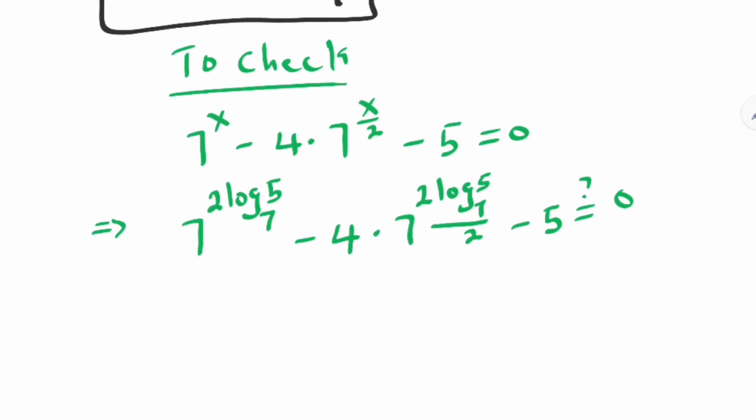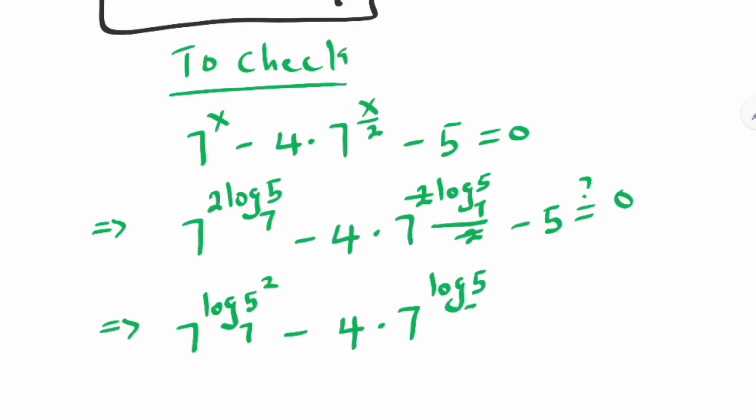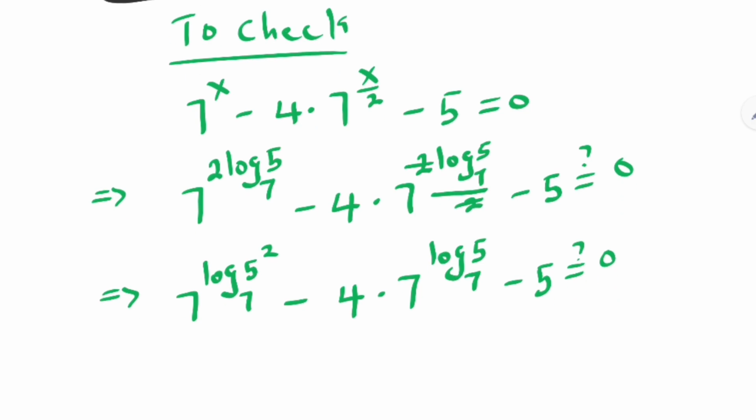So here, this is the same thing as 7 raised to power log 5 square base 7 minus 4 multiplied by, these two cancel these two, 7 raised to power log 5 base 7 minus 5 must be equal to 0.